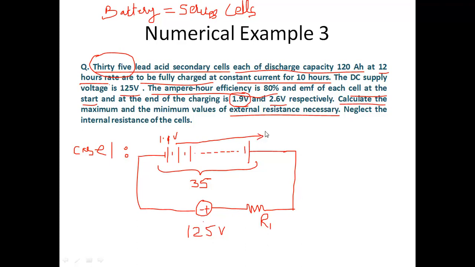We are calculating the total voltage across this branch. We call this VB1. It is easy to calculate. VB1, that is 1.9 into 35. This comes out to be 66.5 volt.